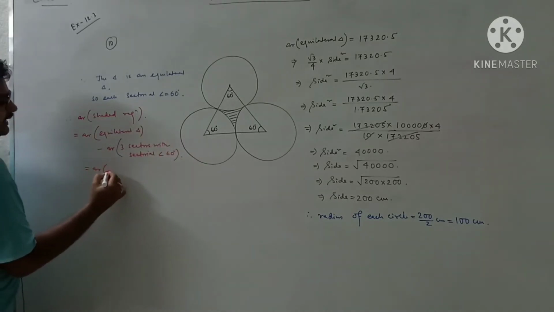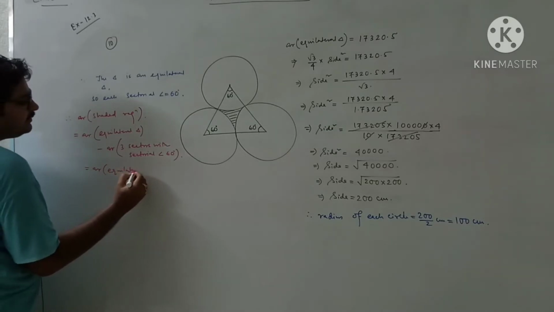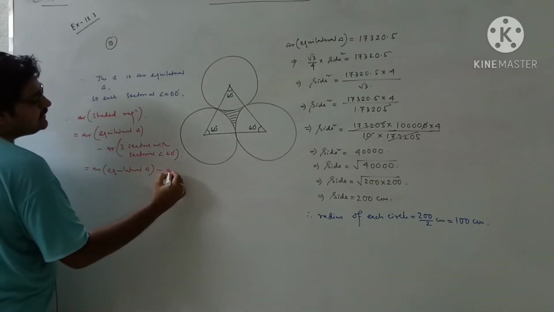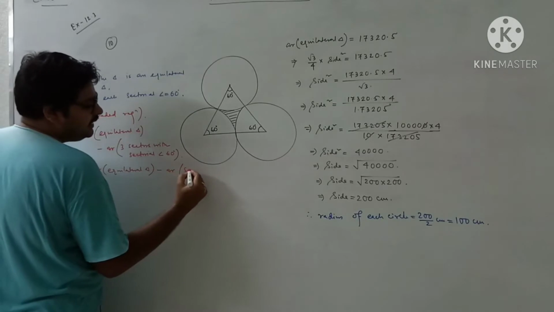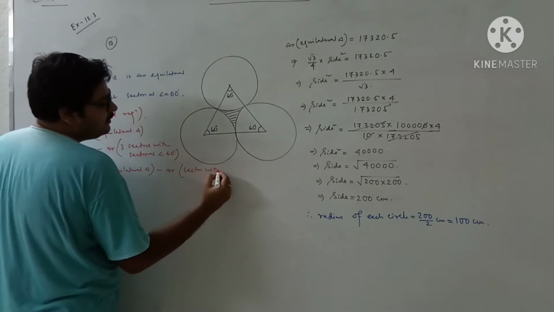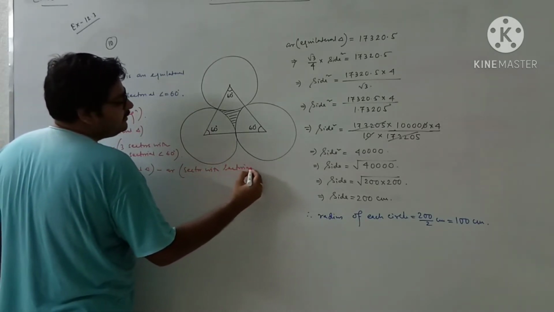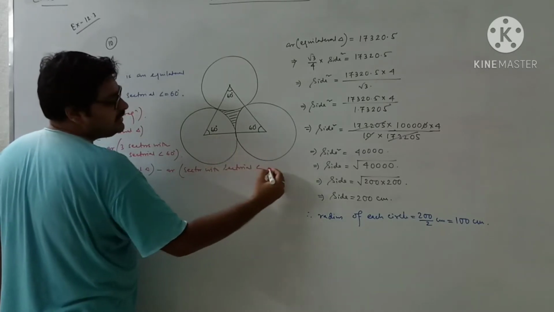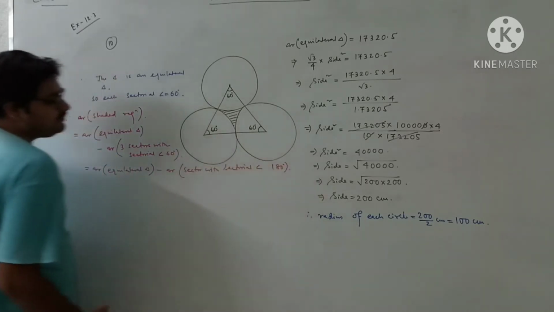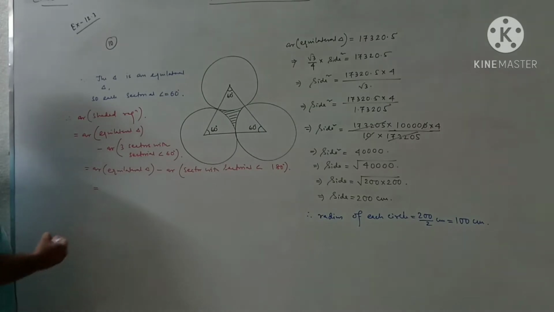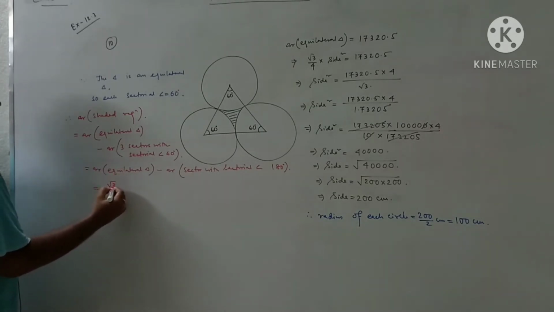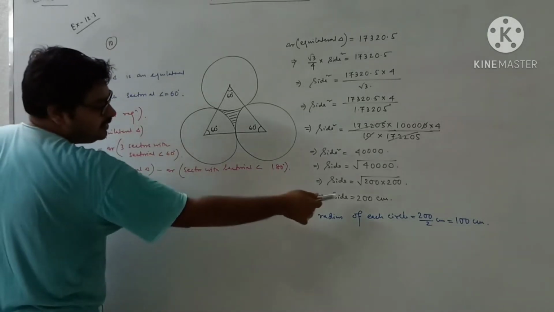Thus you can write: area of equilateral triangle minus area of a sector with sectorial angle 3 into 60, that's 180. So now the formula to find the equilateral triangle area is root 3 by 4 into side square. What is the side? 200.